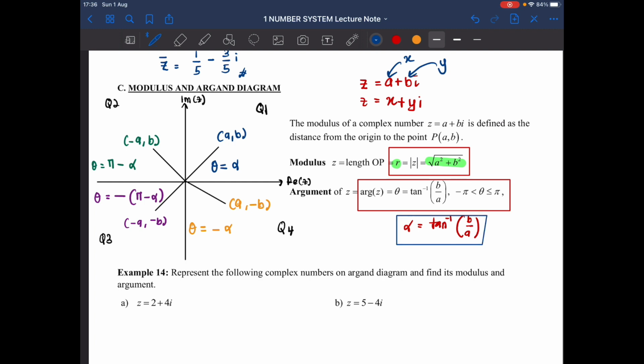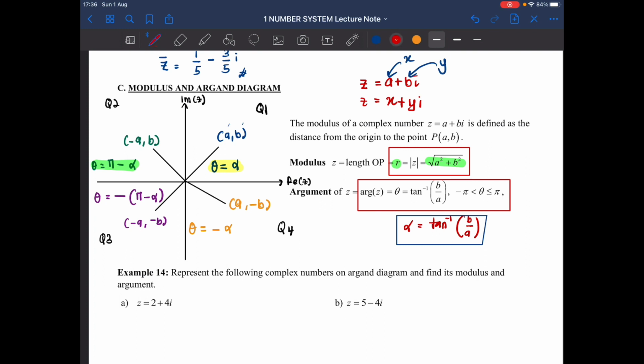Alright. So, now we have for the first quadrant, theta is equals to alpha. Our alpha is inverse tangent B over A. So, this one A positive, B positive. So, for the second quadrant, we have theta is equals to pi minus alpha. As you can see here, your A is negative.